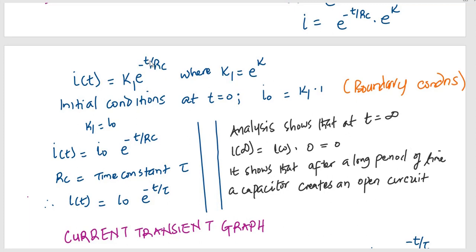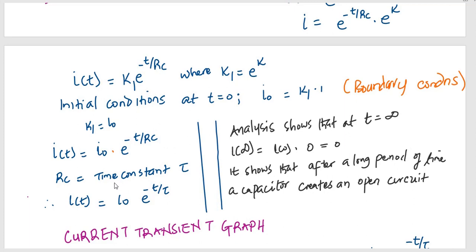If t is 0, then the power is 0 over RC, so it will be e to the power of 0, which gives 1. So k1 equals I naught, which is the current of the circuit at t equal to 0. So I of t will therefore equal I naught times the exponential of negative t over RC.